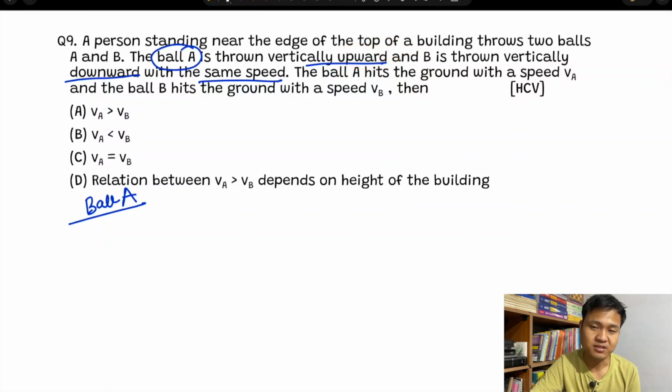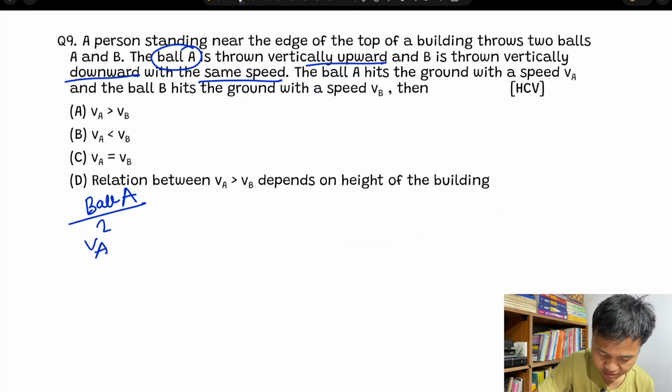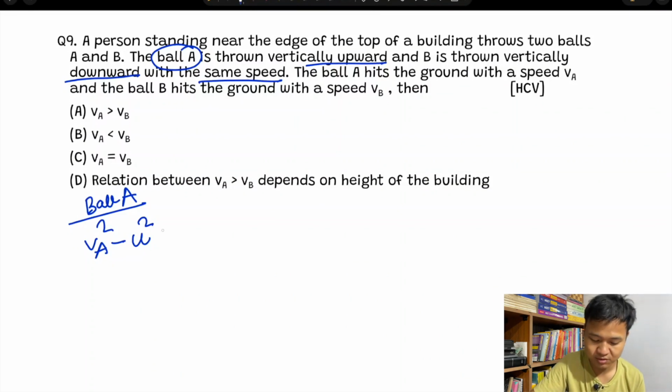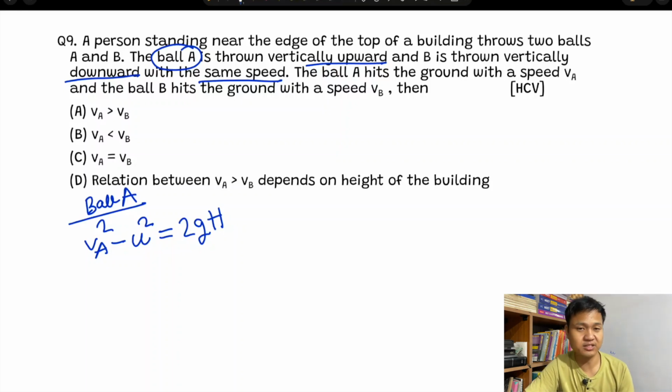Ball A, vertically upward. If you apply the formula, you have minus h, since they ask for velocity, VA square minus u square, with initial velocity u, equals twice g into h, where h is the height of the building.